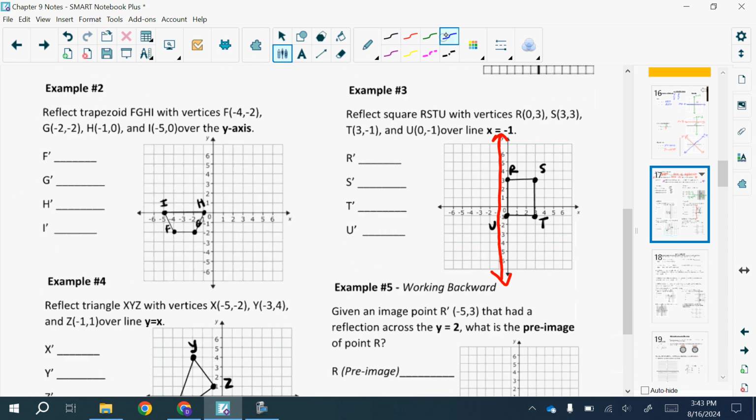So let's look. Relative to the line of reflection, let's first look at vertex R. R is at 0 comma 3. If I look at the line of reflection, R is 1 unit to the right of the line of reflection. So R prime is going to be 1 unit to the left of our line of reflection. That's R prime, and that is negative 2 comma 3.